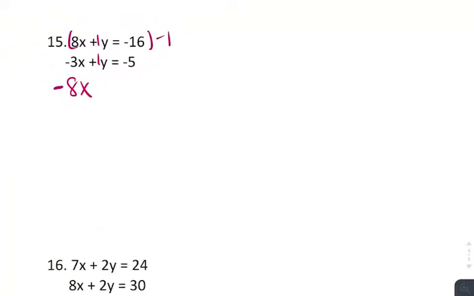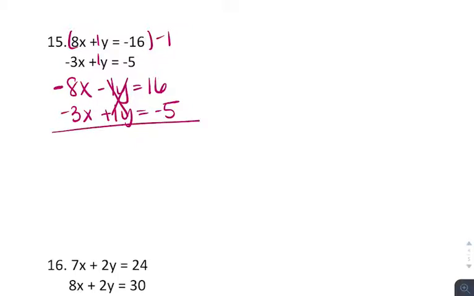Negative 8x minus 1y equals 16. Then our bottom one stayed the same. So our y's are going to cancel out. We're going to have negative 11x equals positive 11. So if we divide by negative 11, x equals negative 1.